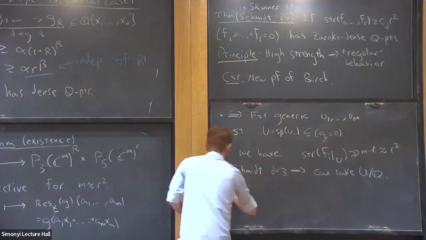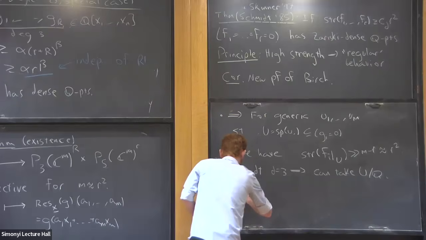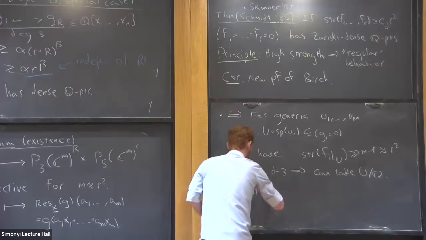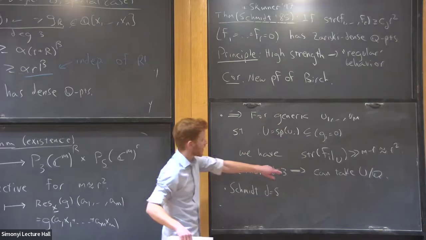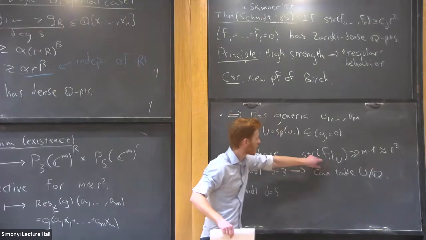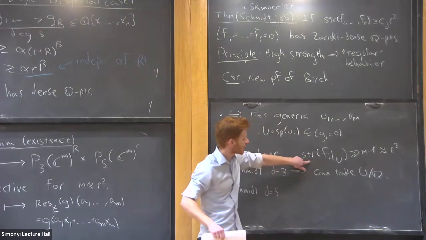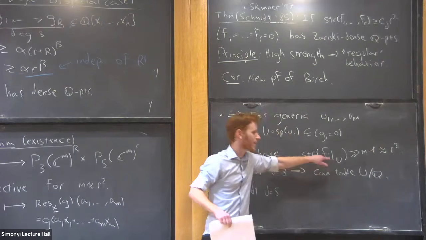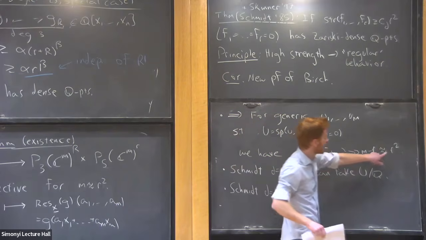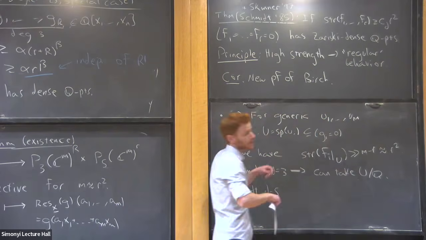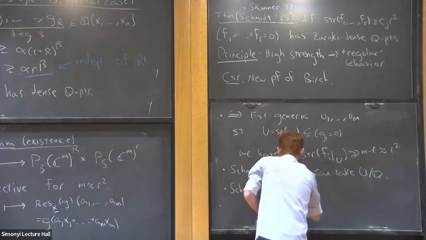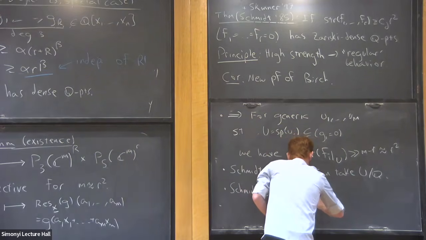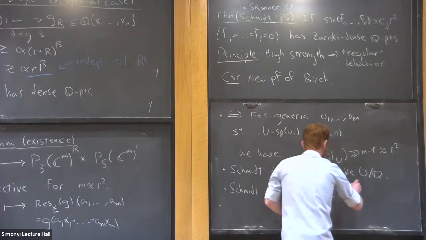Now we're going to use Schmidt's result again in degree 5. After we've restricted to this rational subspace, we have this collection of degree 5 equations restricted to that rational subspace, and they satisfy the condition of Schmidt's theorem. And so we get that those have a rational solution.